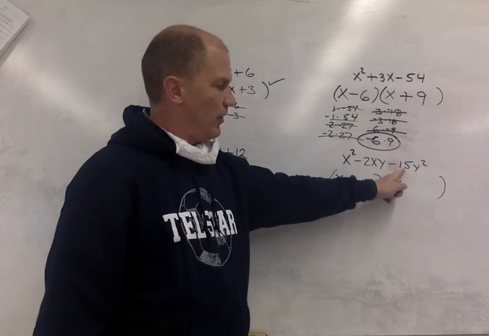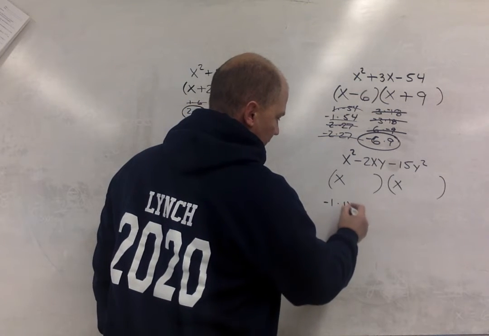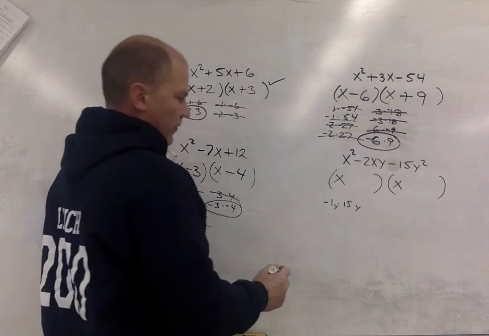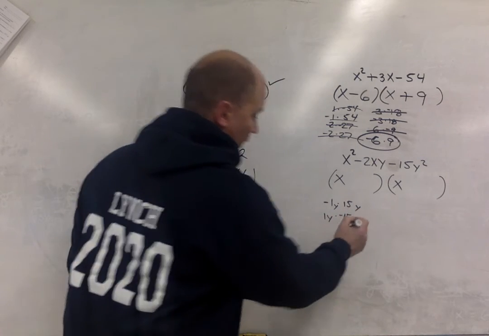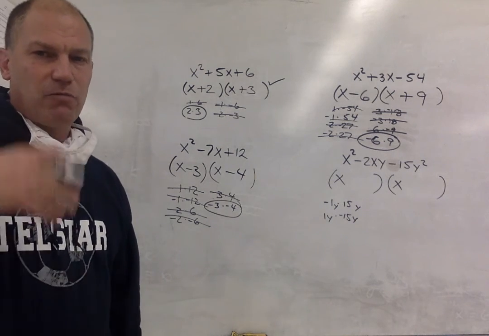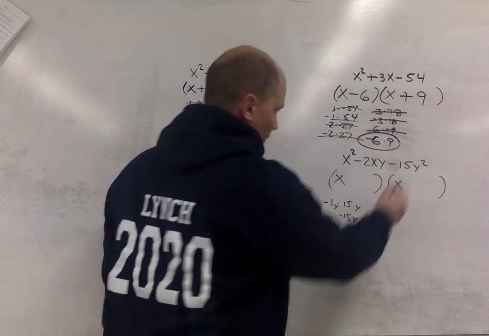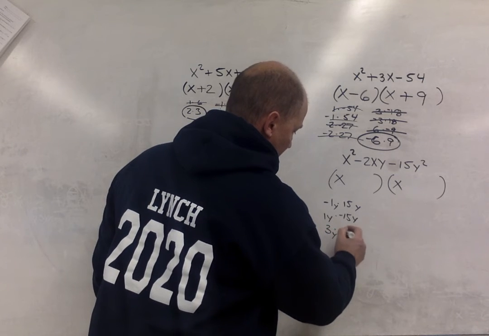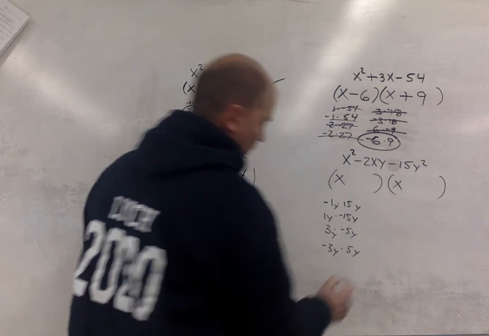So let's start listing off all the factors of -15. So -1y and 15y, because that's going to give us that. So we'd have 1y times -15y. We could probably ignore the y at this point and just list and then remember to put it in at the end, but I'm going to do it all the way out anyway. 2 doesn't go into 15, but 3 certainly does. 3y times -5y and -3y times 5y.